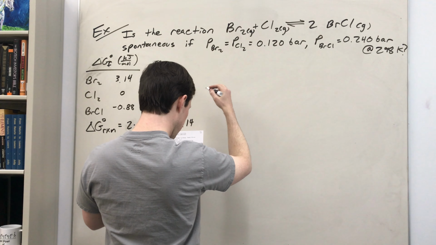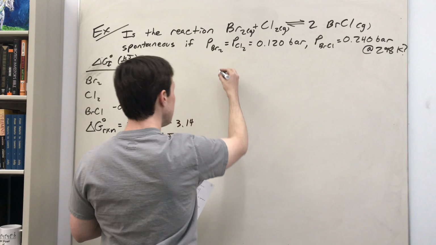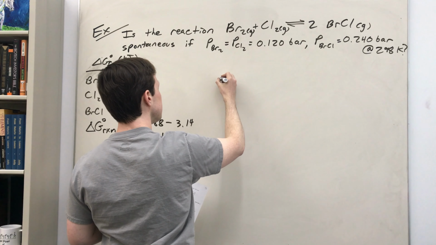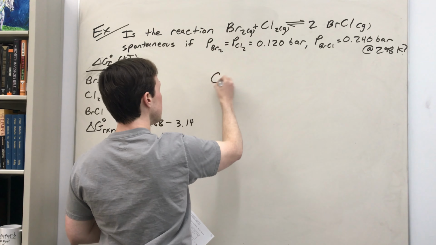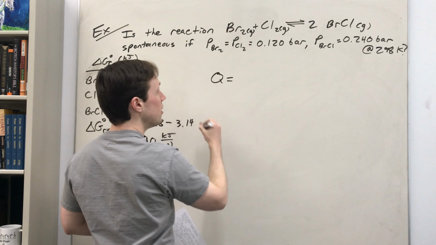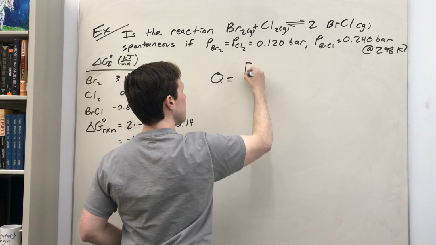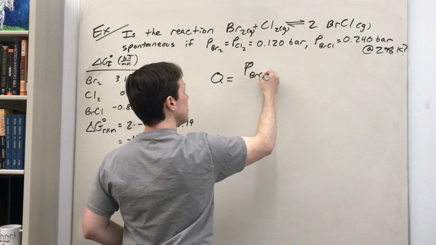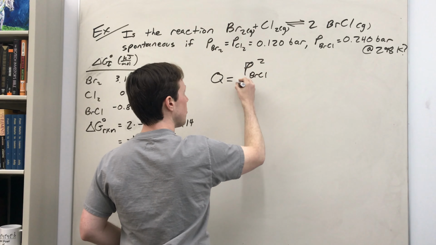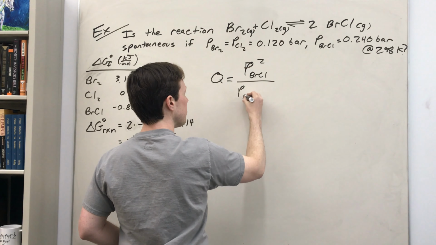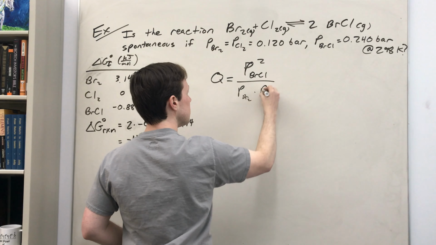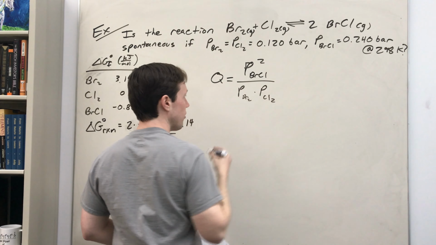We know that we need to calculate our Q next. To do that, we need our expression for Q. In this case, that means the pressure of our BrCl squared divided by the pressure of our Br2 times the pressure of our Cl2.